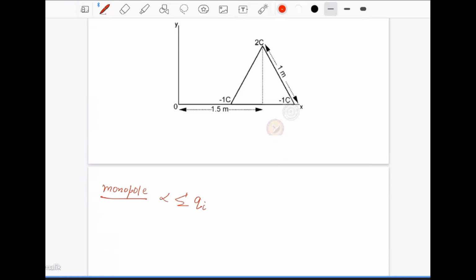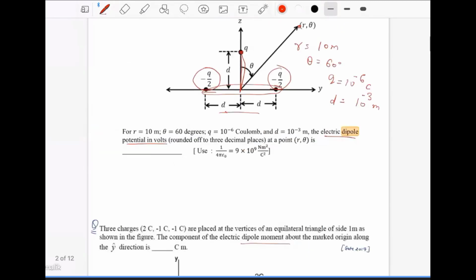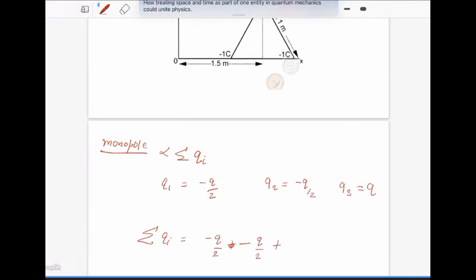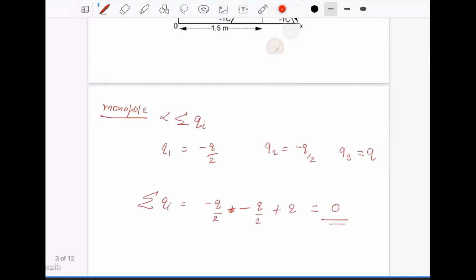We have three charges: Q1 is minus q by 2, Q2 is minus q by 2, and Q3 is q. We just take the sum of them, summation over all these charges. We are getting minus q by 2 minus q by 2 plus q, so this will become 0. So there is no monopole here.